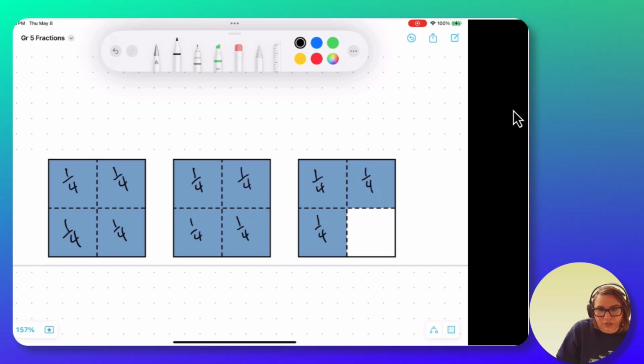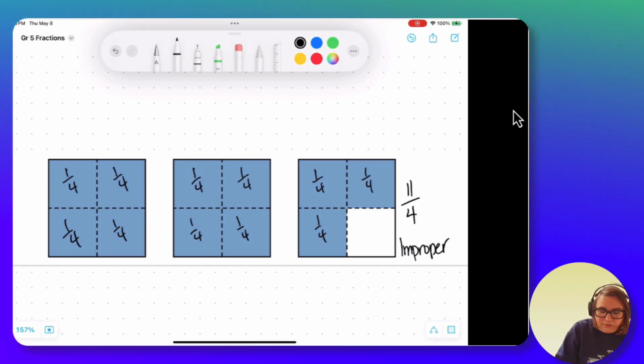And so then the question is, how many 1/4 do we have all together? If we were to count them all, we're going to have 11 quarters. So we're not thinking about wholes here, we're thinking about unit fractions. How many 1/4 are there? There's 11 1/4. This is called an improper fraction.